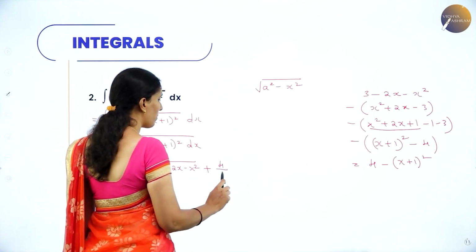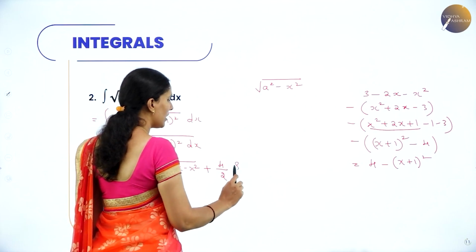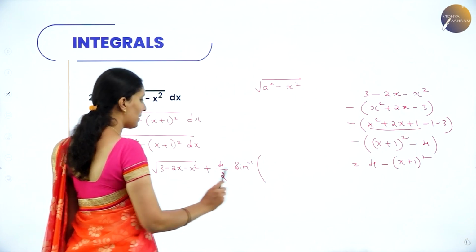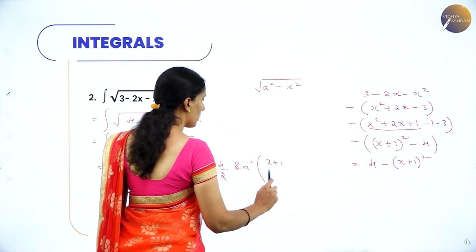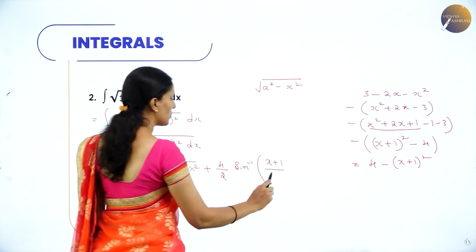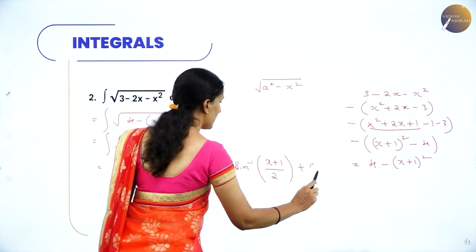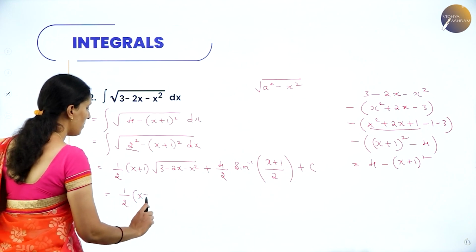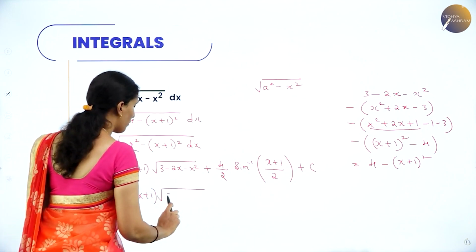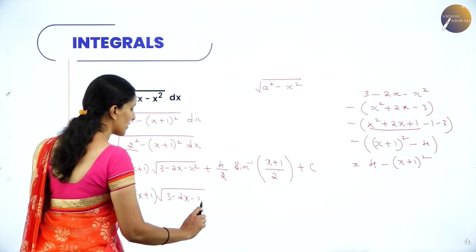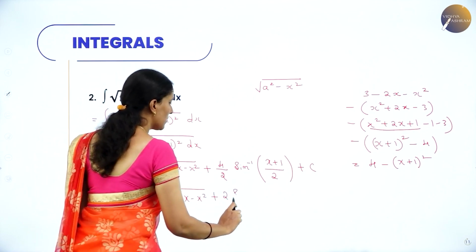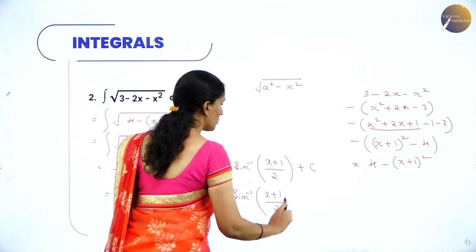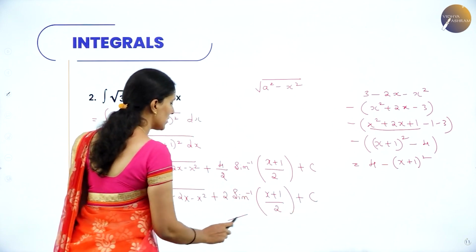So it is 4 by 2 sine inverse x by a. What is x? x plus 1. What is a? Value of a is 2, plus c. So, therefore, the answer is 1 by 2 x plus 1 square root of 3 minus 2x minus x square plus 2 times sine inverse of x plus 1 divided by 2 plus integration constant.